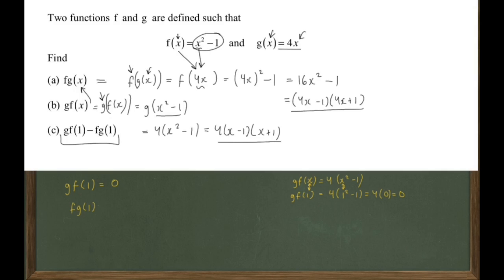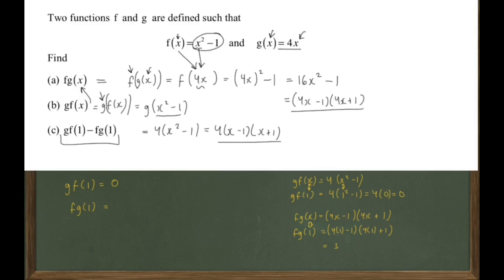fg of 1, well, what's that going to be? Well, we worked out that fg of x is equal to 4x minus 1 multiplied by 4x plus 1. If we want to then work out fg of 1, then again we just replace our x's. So we have 4 times 1 minus 1 multiplied by 4 times 1 plus 1.